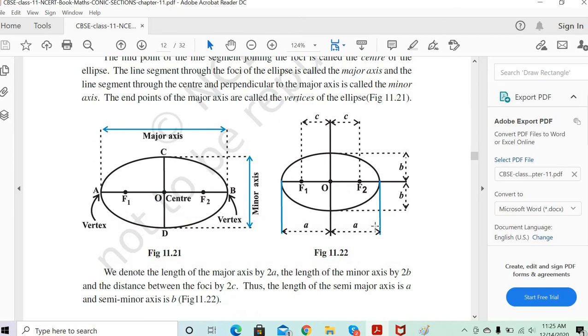We'll calculate the distance, because whichever are the symmetrical parts, we will take them as A, A, B, B, and C, C. Now let's identify that part.